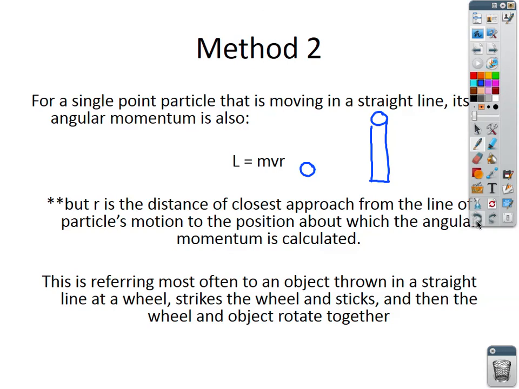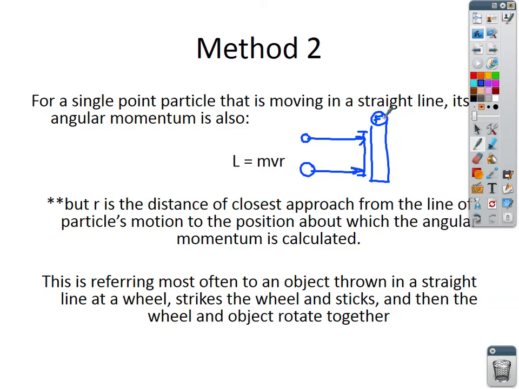The R would be where it hits that particular object, okay? Not the whole distance of the object, because that R could be different. This object could hit it closer to the fulcrum. The fulcrum is at the top here. Hopefully you understood my picture, okay? The idea is the farther I hit away from the fulcrum, the more it should swing.